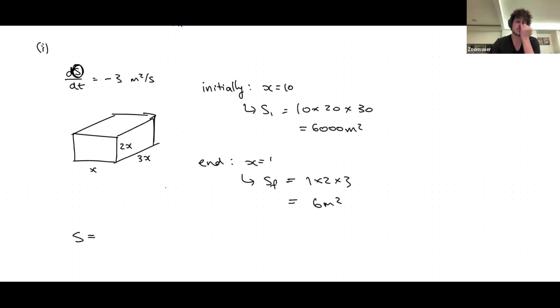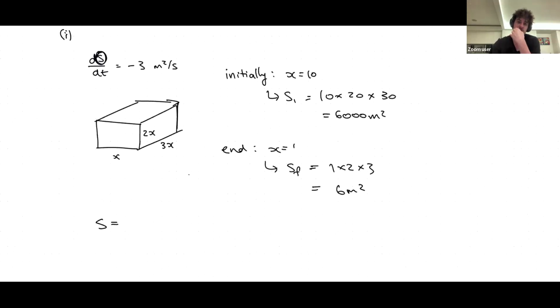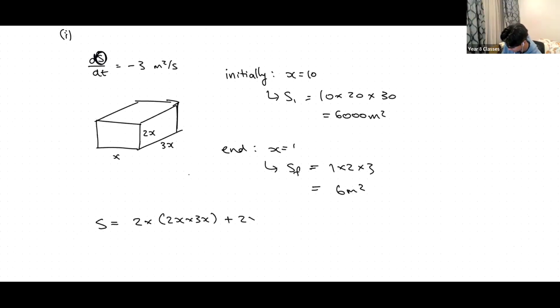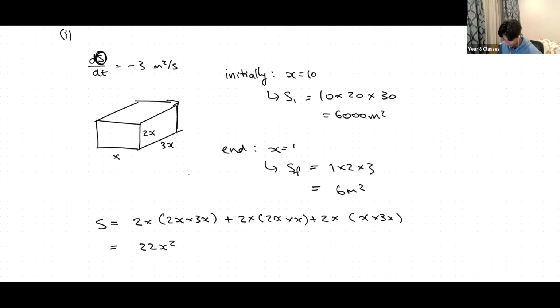Okay, wait, so it's 2 times 2x times 3x, and 2 times 2x times x, and 2 times 3x times x. Yeah. Okay. Which is, yeah, I'll just expand it for you. It is 22x squared. Okay.